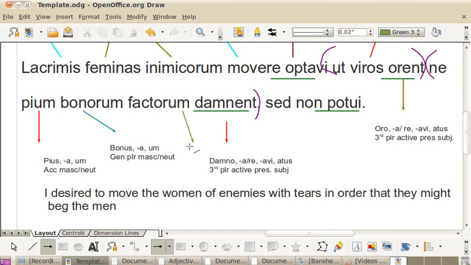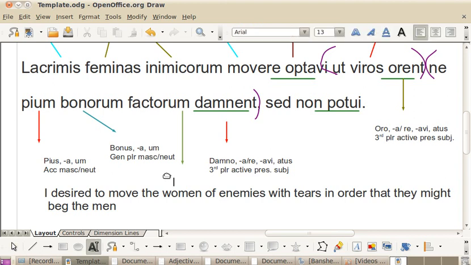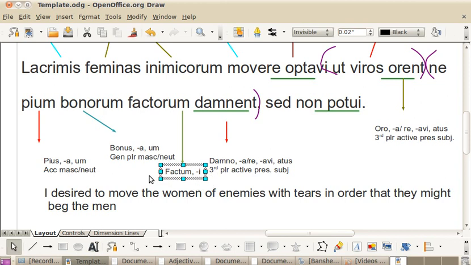And let's use green number 3, just while we're being a little brave in our color choices here. And let's look up factum. Okay, now factum, we look it up and we find that this in fact is a noun, factum, facti. That is, it has two principal parts, so we know it's a noun. The I suggests that it is a second declension noun, and the UM here in the nominative singular tells us that it's neuter.